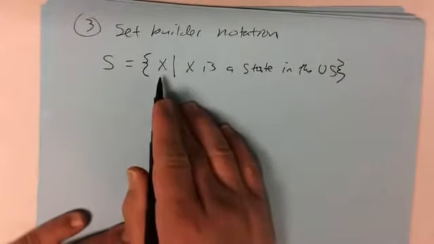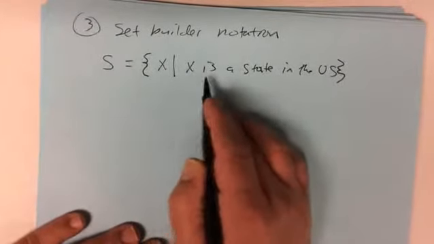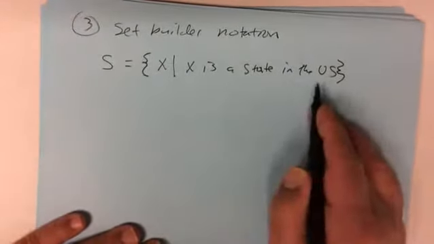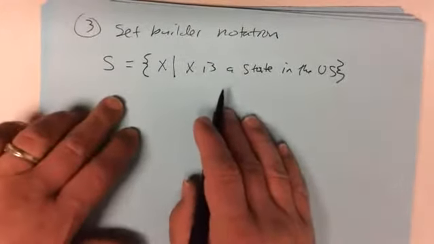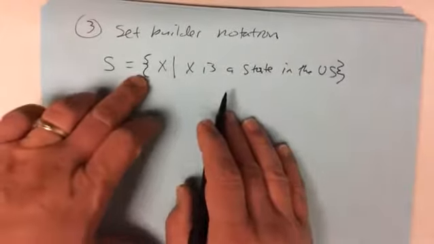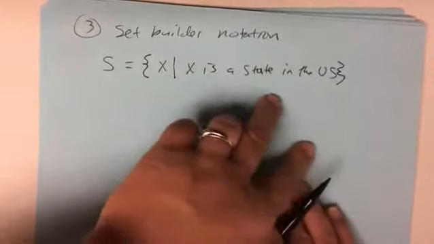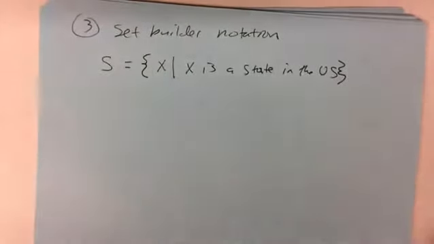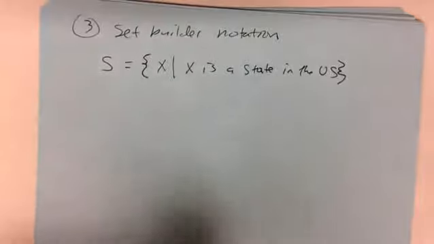So this is all elements X. The line there is read "such that X has this property." Now this is kind of redundant because you might say, why not just describe it? Let S equal the set of all the states in the United States. Then it would be well defined and that would work. You're absolutely right, that would be a fine way of denoting the set.